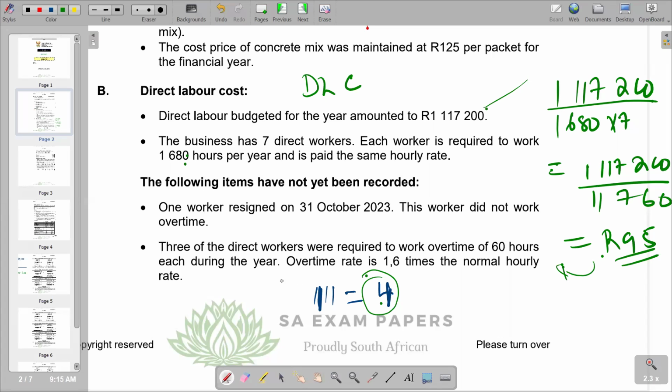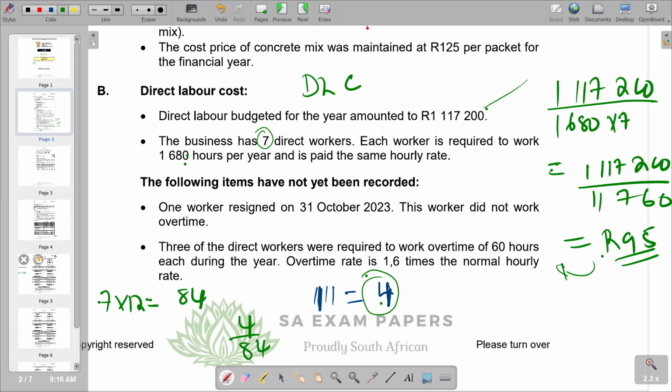Remember, we have got seven direct workers, and each has 12 months that apply to every worker. So the total number of months is 7 times 12, which gives you 84. So we are going to say 4 over 84 to remove the cost of the number of months that were not worked by the resigned worker.